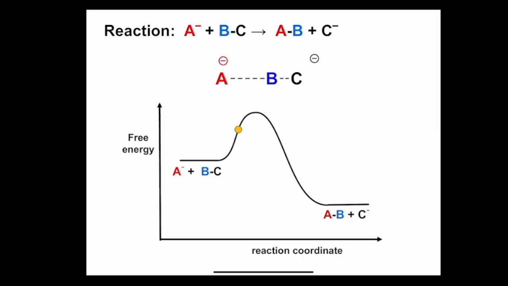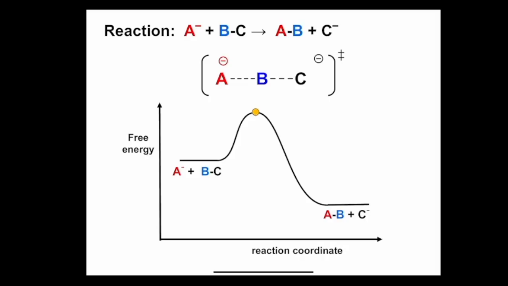As that happens, there's coulombic repulsion. Electrons are pushing away from electrons. There's a general increase in energy until we reach this point. This point is called the transition state. It is the point in the reaction where bonds are forming and bonds are breaking. It's that squishy part of matter where you're not quite products and you're not quite starting materials yet.